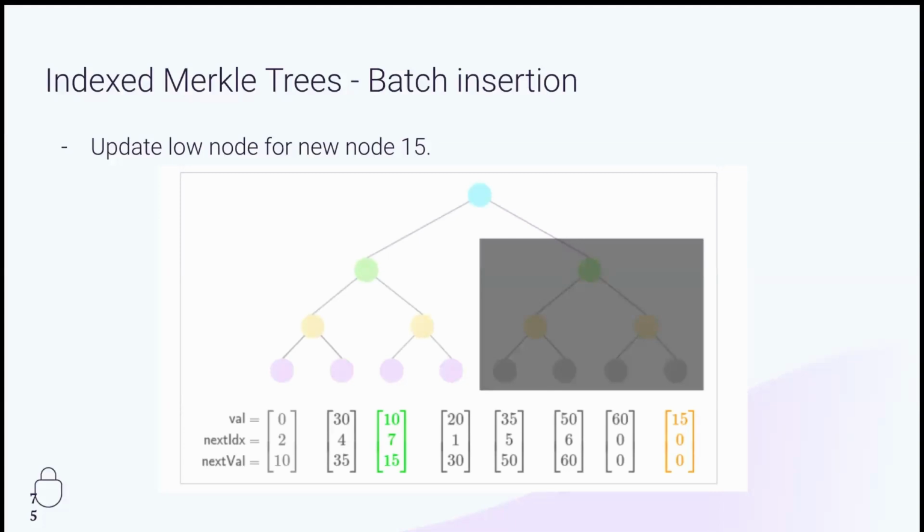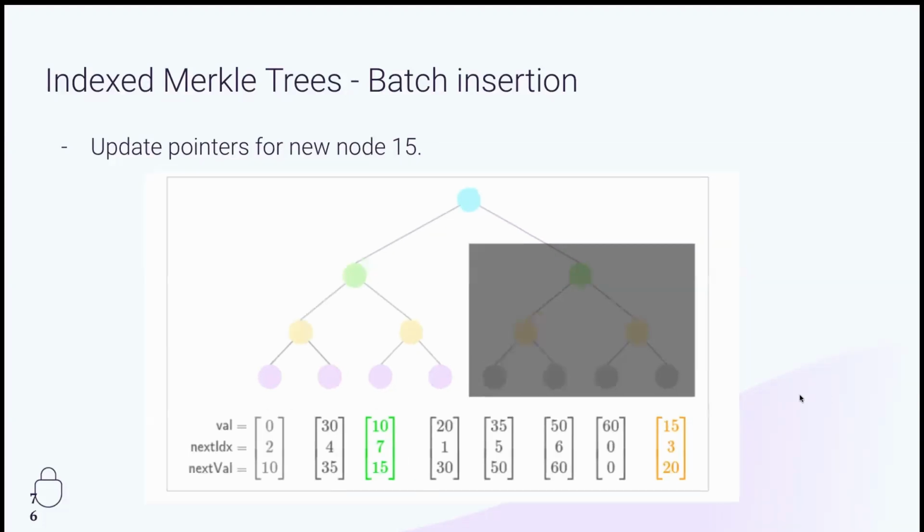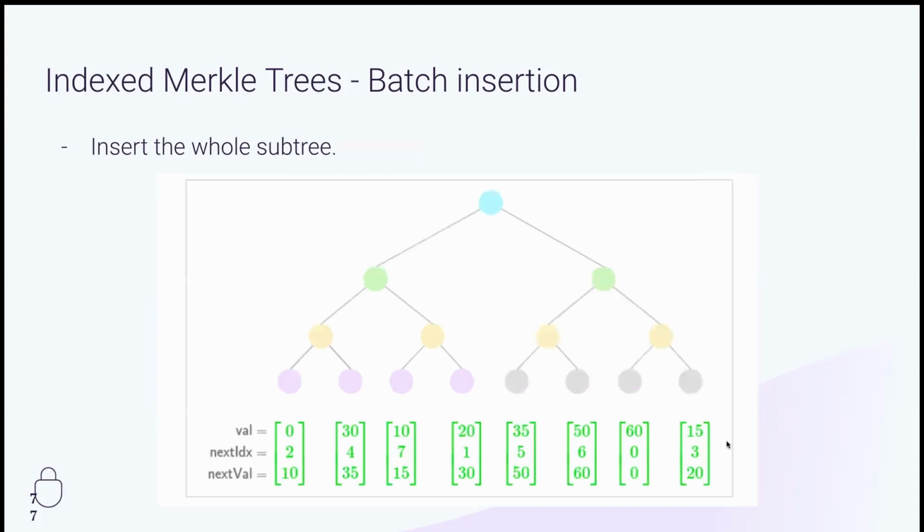So throughout this process, we had to update some of the values in the existing tree and change values in our pending subtree. But when we have been going through this process and updating the pointers also in our pending tree, we can essentially just insert the whole subtree at once.